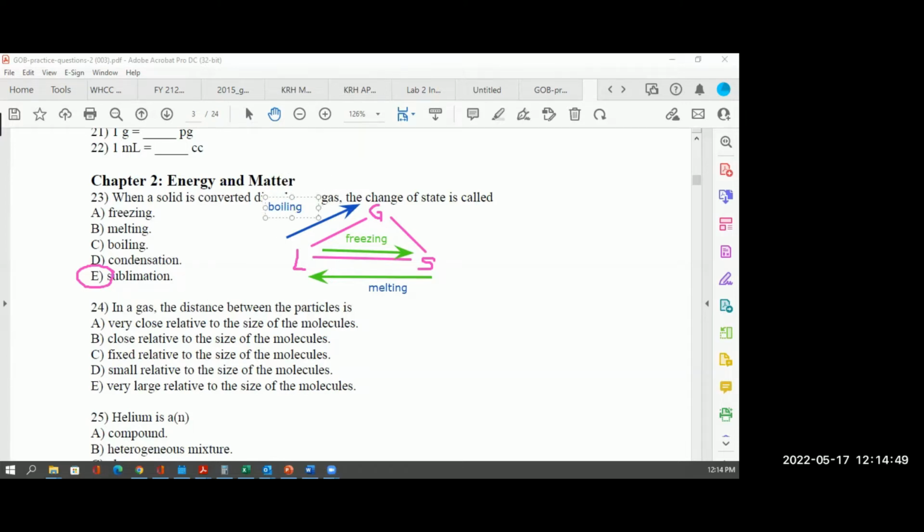Okay, so if I'm going from a gas to a liquid, that's condensation.